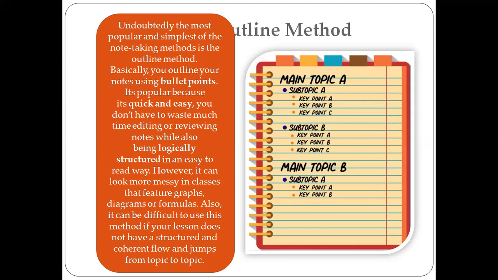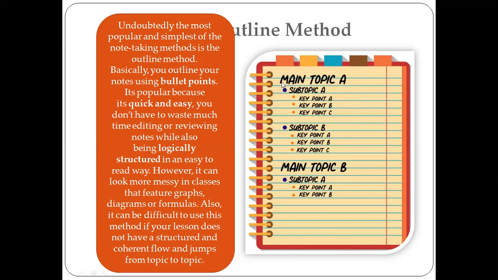Furthermore, it can be challenging to use the outline method if your lesson doesn't have a structured and coherent flow and jumps from topic to topic. Well, let's see an example of how you can take notes in this method.